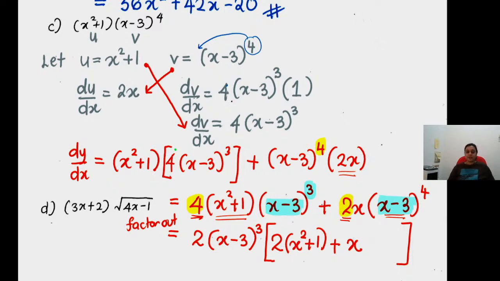Anyone? What should teacher write inside here, so that when I times back in, I will get (x minus 3) power 4? Let's see. What should teacher write inside so that I get back (x minus 3) power 4? Anyone knows the answer?